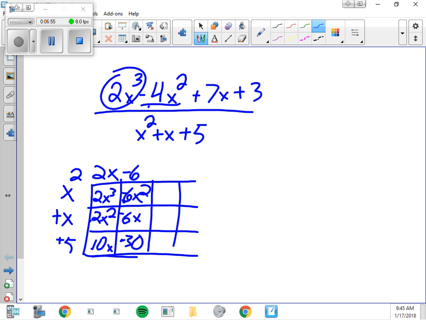Okay, this one and this one and this one need to add up to be 7. So 10 minus 6 is 4. So 3x, and those are remainders, right? Because we already hit our constant, so 3x is a remainder, and then this one and this one need to add to be 3.